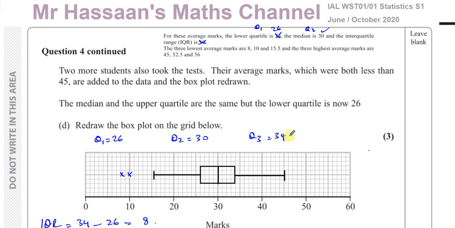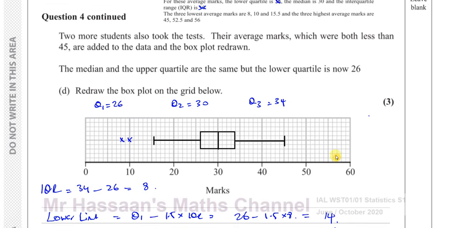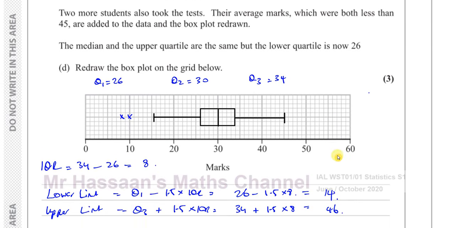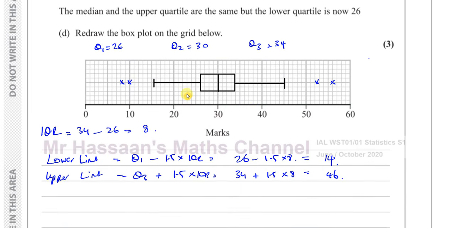On the upper side, there are still the same two outliers, 52.5 and 56. So now we have an extra outlier on this side. There we have the new plot drawn with the new information in it.